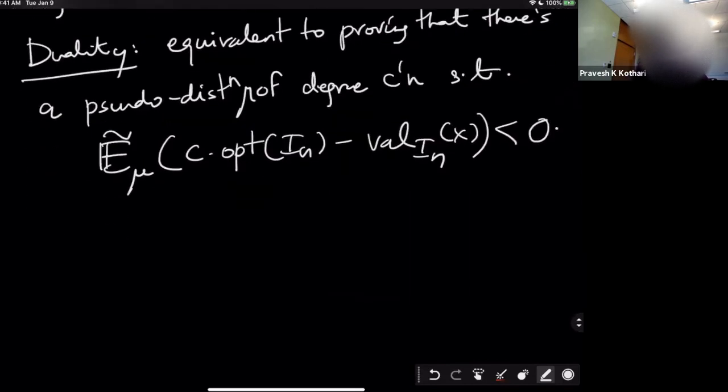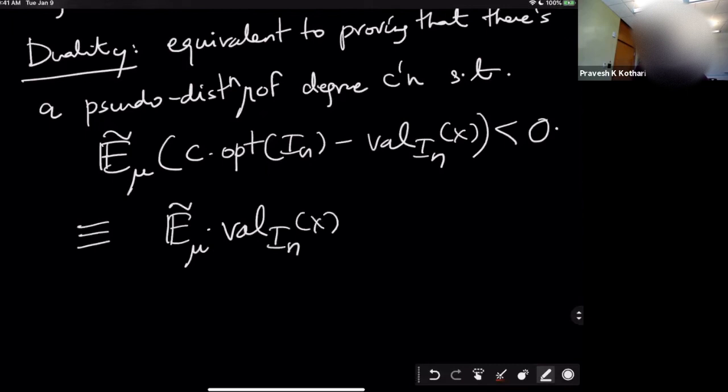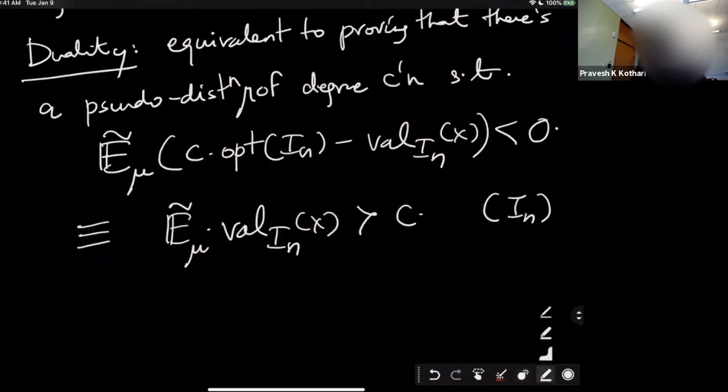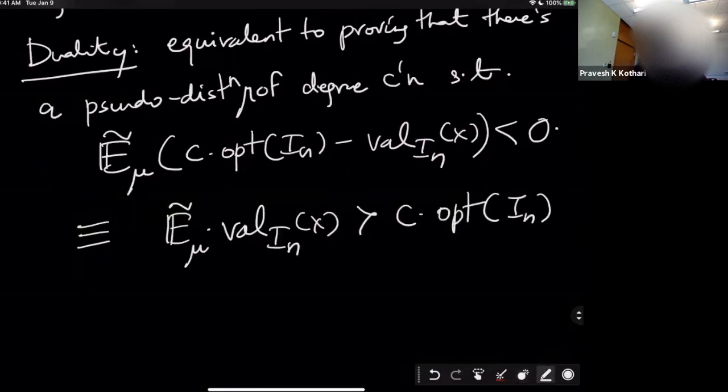So this rearranging is the same as saying that under this pseudo distribution, val inx has a pseudo expectation which is bigger than C times opt of in. Just rearranged.